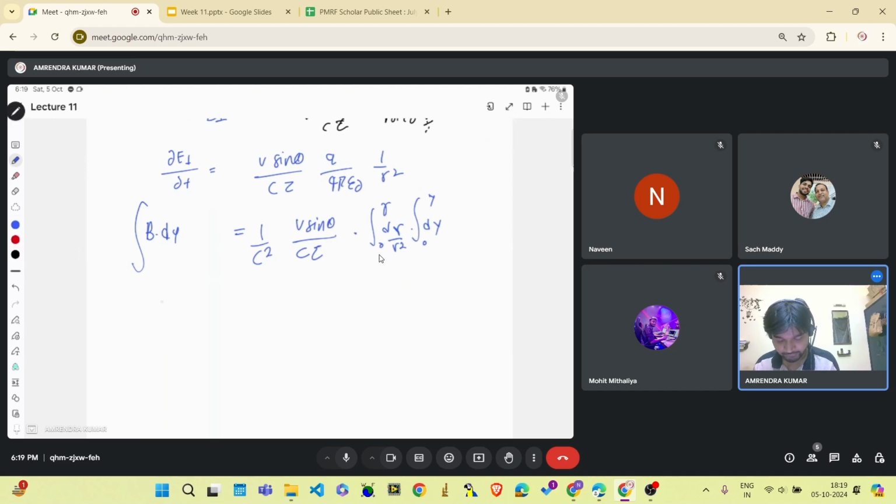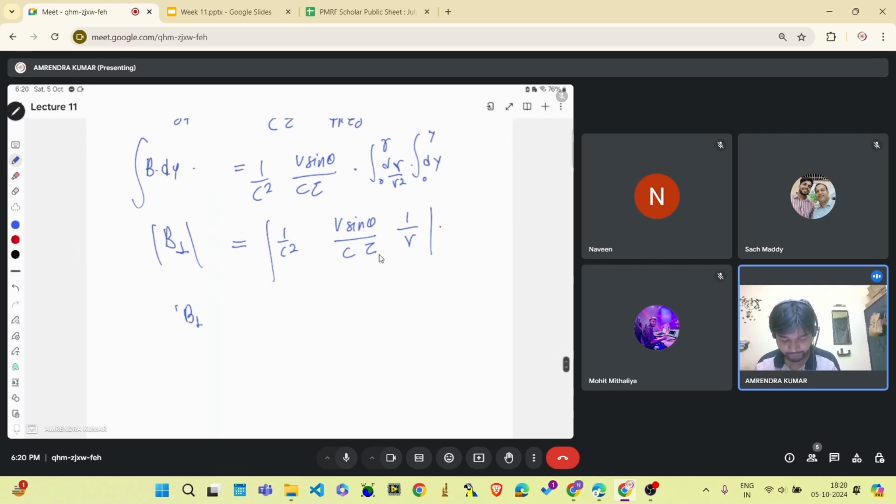So this B perpendicular will be 1 over C square B sine theta C tau 1 over R, and you can take the mod value here, and the dy will cancel out this one.